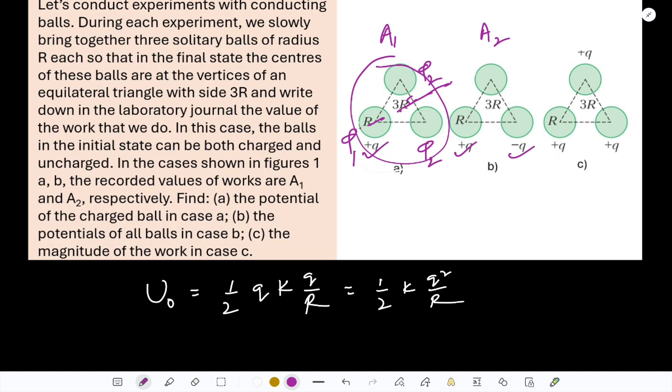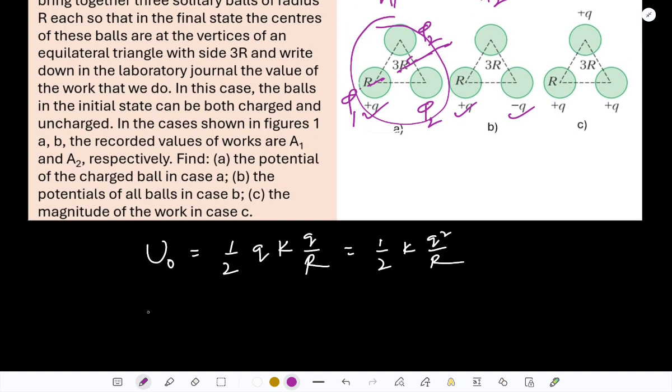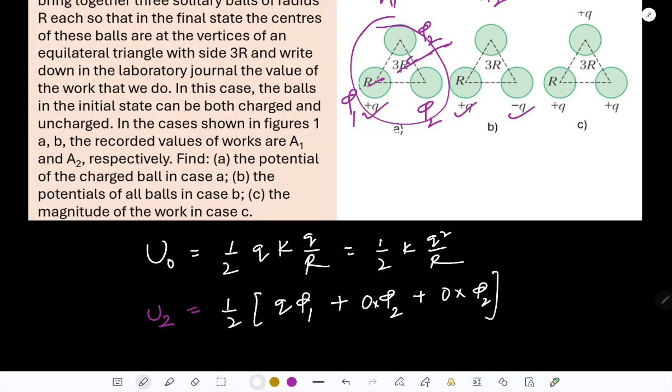And then you can write the final electrostatic energy of the system as U2, and that will be half q phi1 is the energy of this charged ball, and because the other two balls don't have any charge, you can write 0 multiplied by their potential phi2 plus 0 multiplied by potential phi2, and that is simply half q phi1.